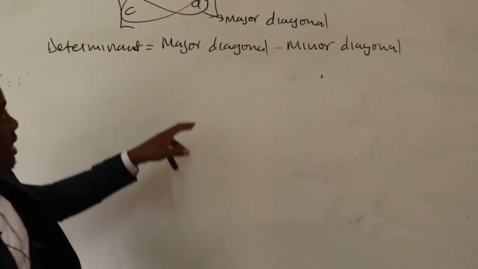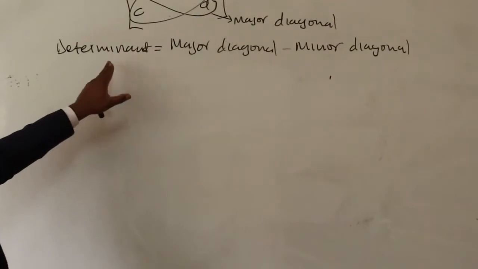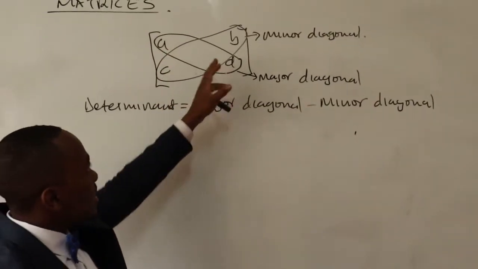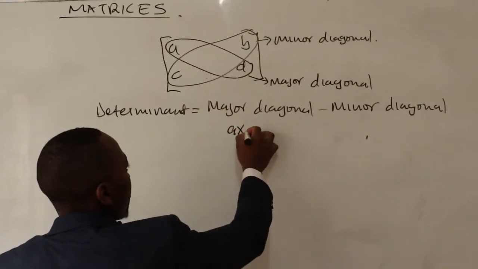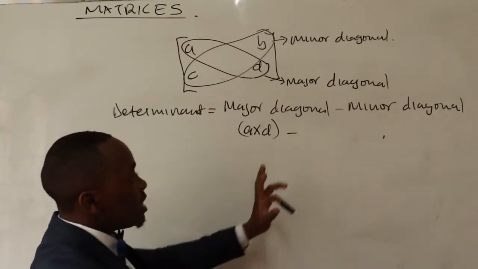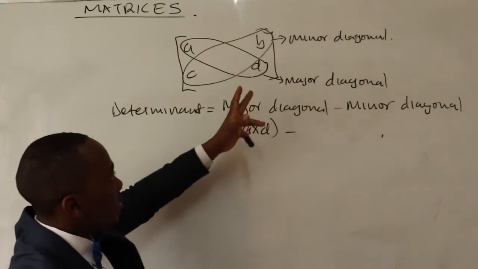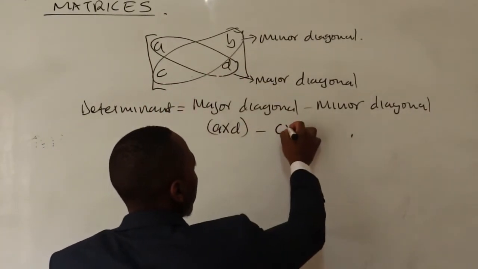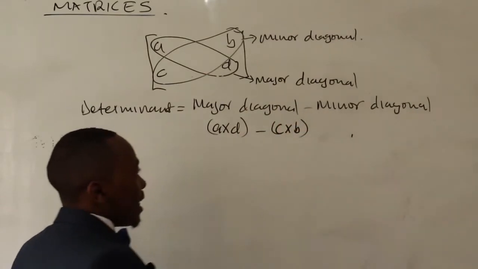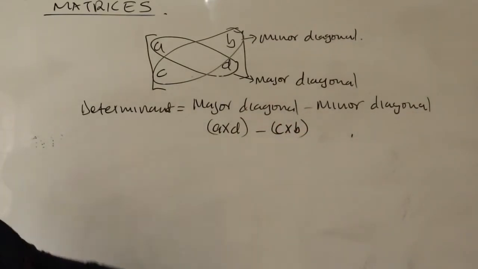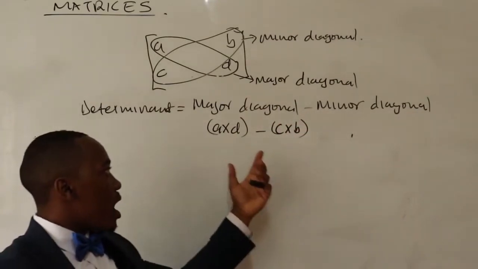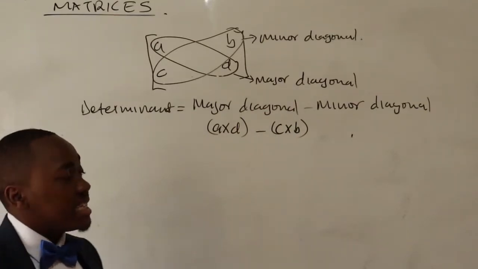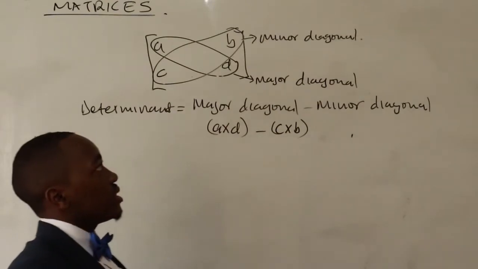For example, in this matrix, for the major diagonal we have A and D. So you take A, multiply by D, then deduct the minor diagonal. For the minor diagonal, we have elements C and B, so you take C and multiply by B. That's how you get the determinant. Later, I will show you how we apply the determinant. A determinant is mostly applicable when you are getting the inverse of a matrix.